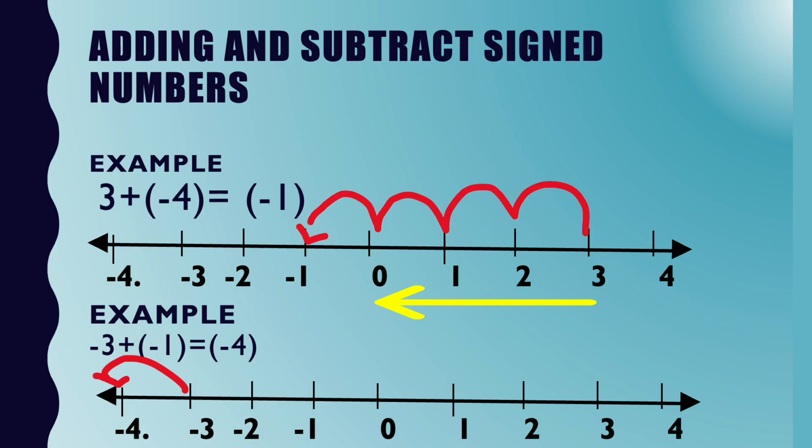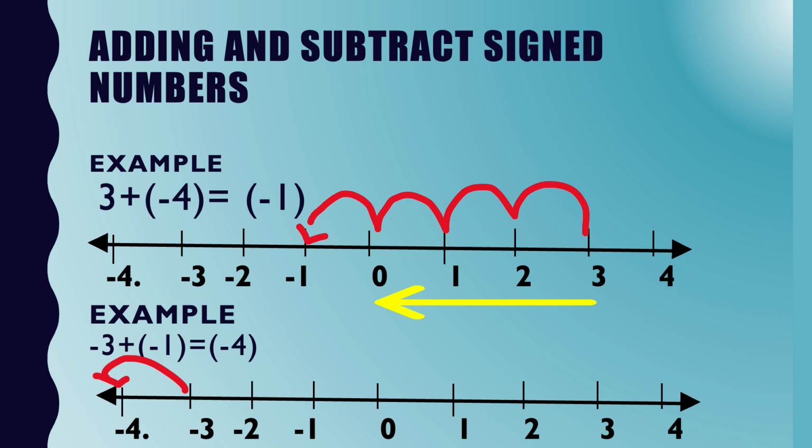So let's go to the second one. The second one is different. This says -3 plus -1 equals -4. First we have to find -3.